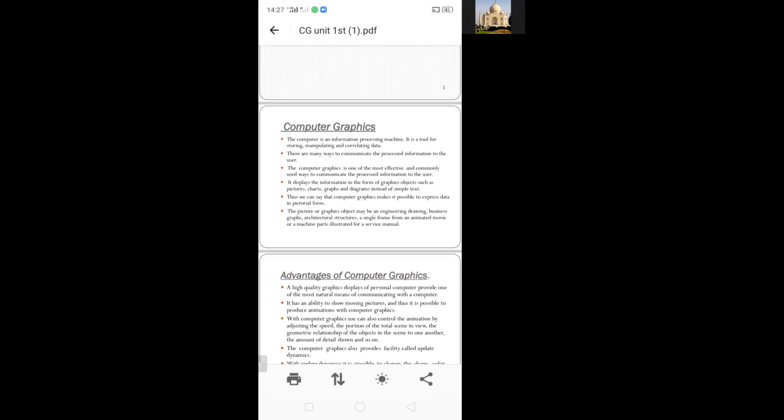Every pixel is a collection of zeros and ones, and by collecting multiple pixels we can create every picture. Anything on the display screen is nothing but pixels. So we have seen what exactly a pixel is.